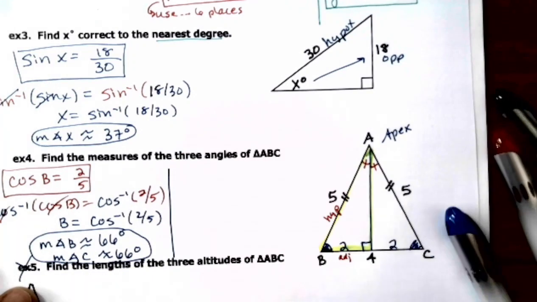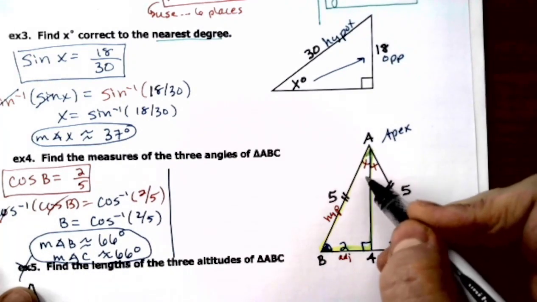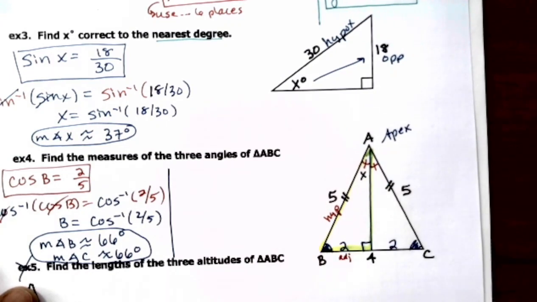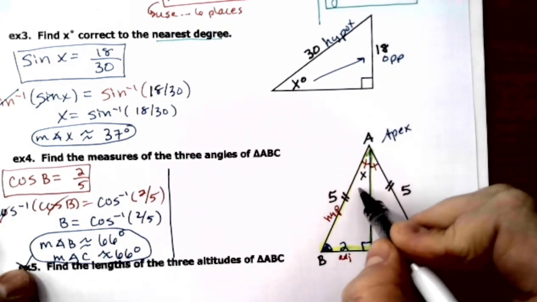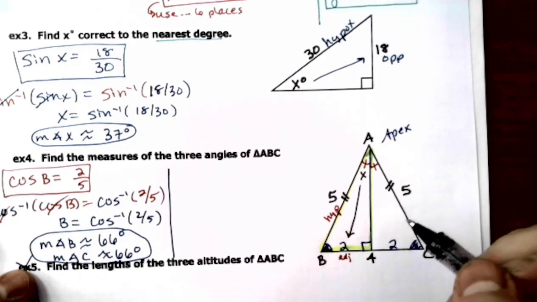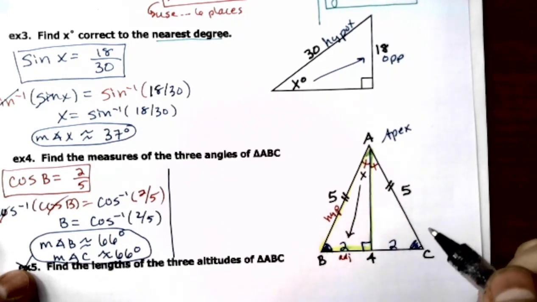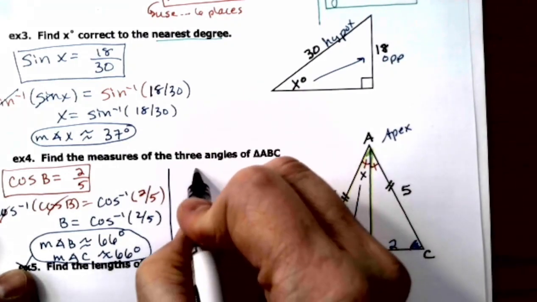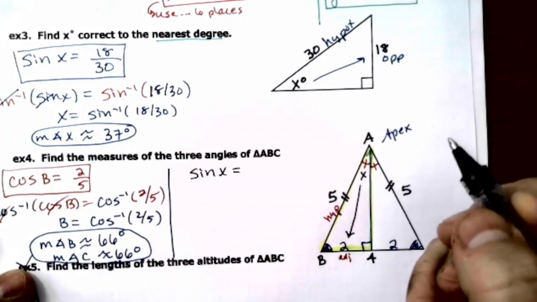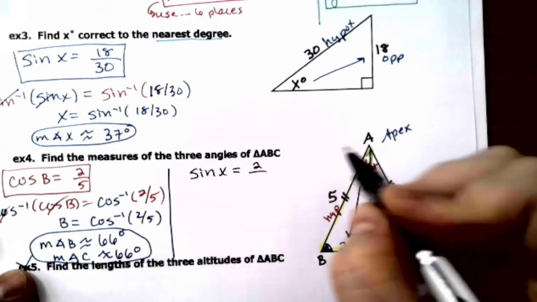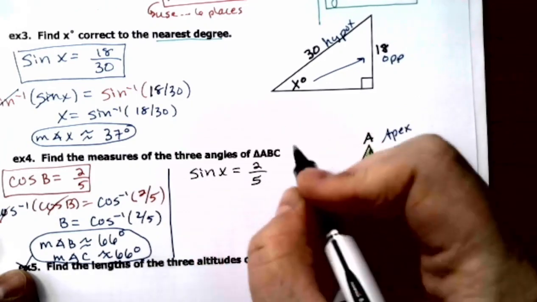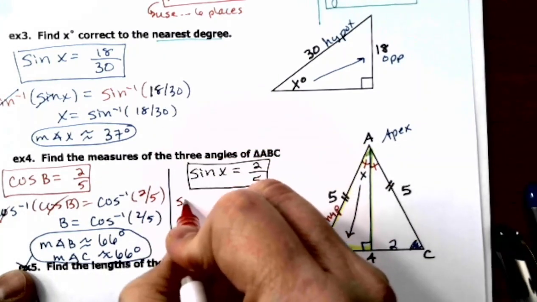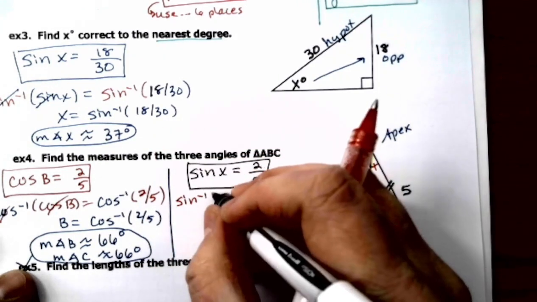All right, so now we're going to find A, but in our right triangle, we're only using half of A. So I'm just going to call it X. So from that position, my opposite side is 2, and then 5 is my hypotenuse. So opposite and hypotenuse is sine. So sine of x equals opposite, which is 2, over hypotenuse, which is 5. And there's our equation. So now we're going to arc sine x.